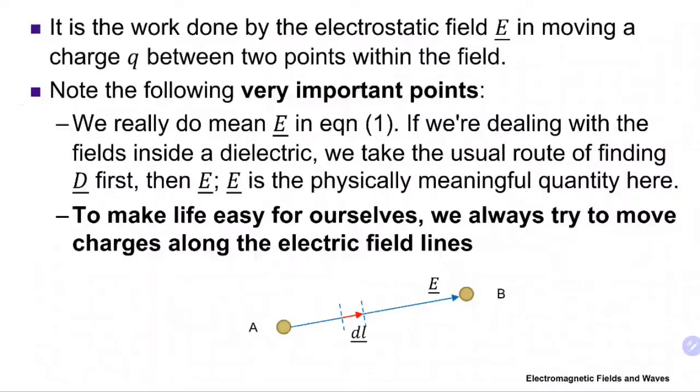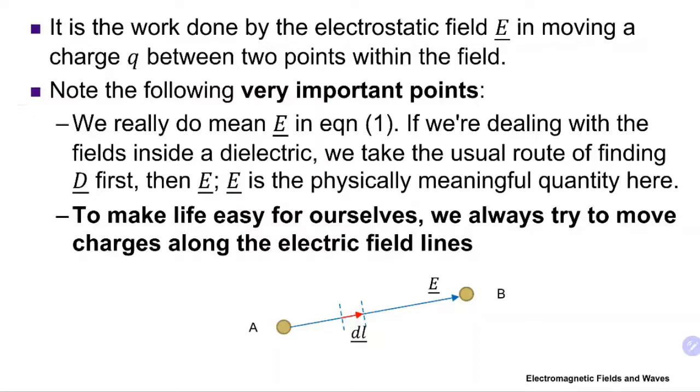Okay, very important point. We do mean E in equation 1, not the electric flux density. Is this the electric field that we're talking about here? We're dealing with the field inside a dielectric, which takes the usual rules of finding D first, then finding E, and then it is the electric field that we want in here to calculate the work done.